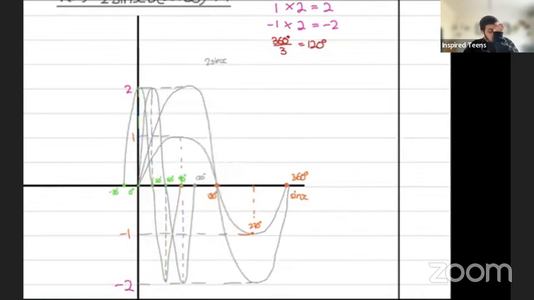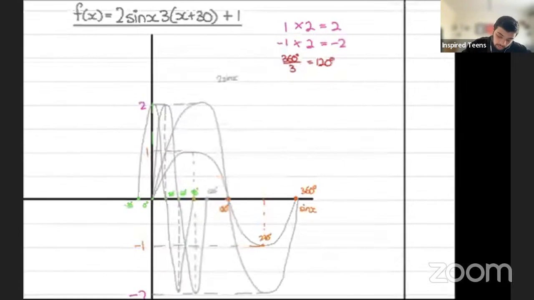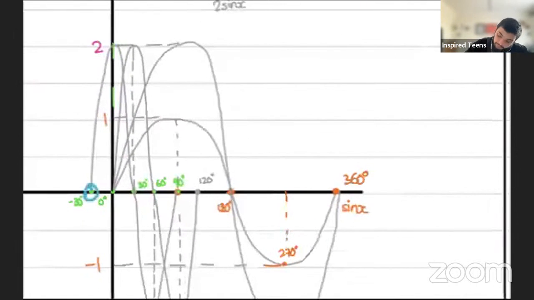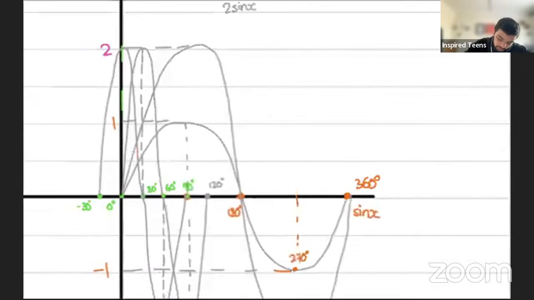Okay, so now let's use blue. Okay, this -30, its original coordinate is -30 and 0. Instead of being -30 and 0, it's going to be -30 and 1. Okay, then we had 0 and 2.